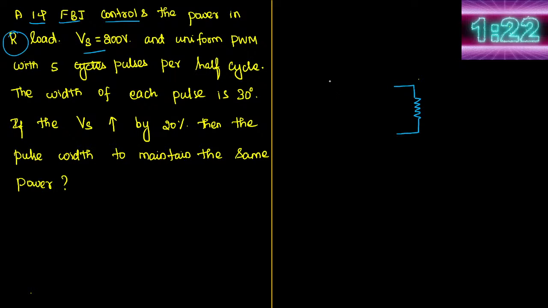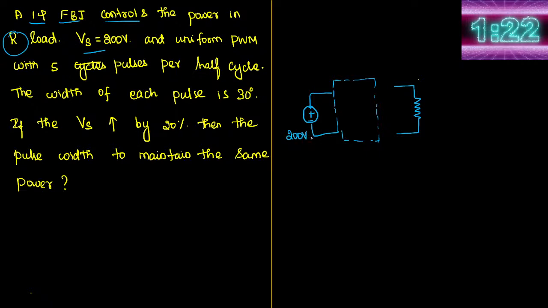In between we have the full bridge inverter circuit with pulse width modulation control, and on the input side we are giving our supply voltage of 200 volts.